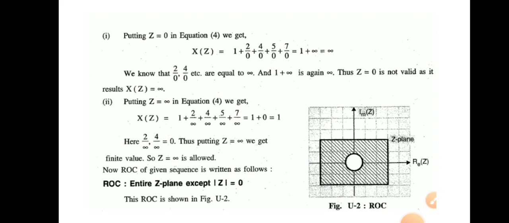This shaded portion denotes the z plane, and this is nothing but the ROC for the given sequence. Okay, so this is all about the first problem. Now we will move towards the second problem, so that you will get a clear idea.